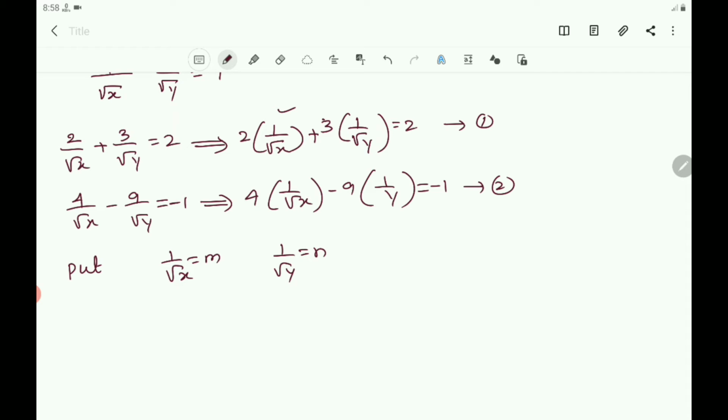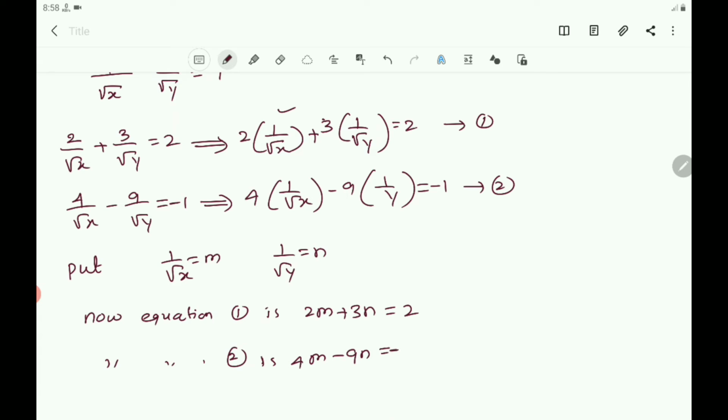Now the equation 1 is 2m plus 3n is equal to 2, and the second equation is 4m minus 9n is equal to minus 1.